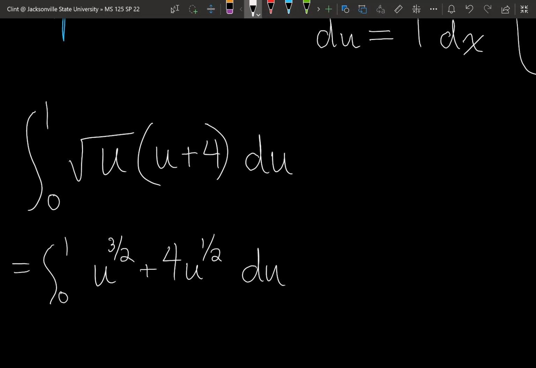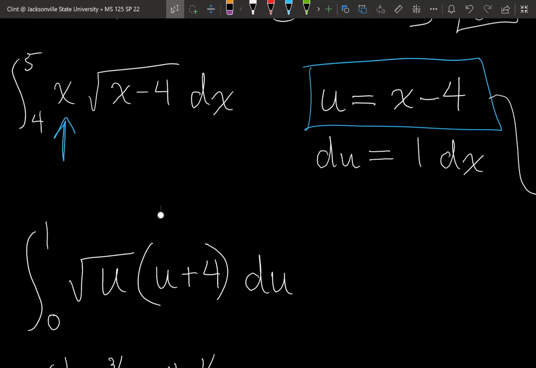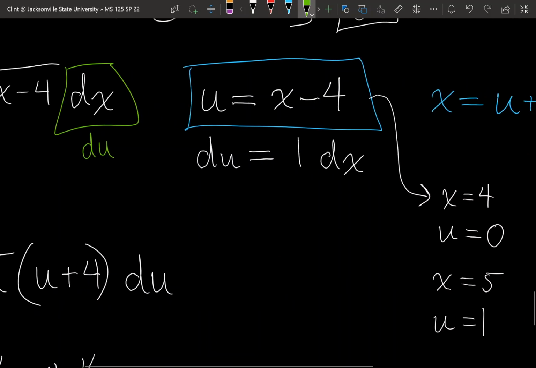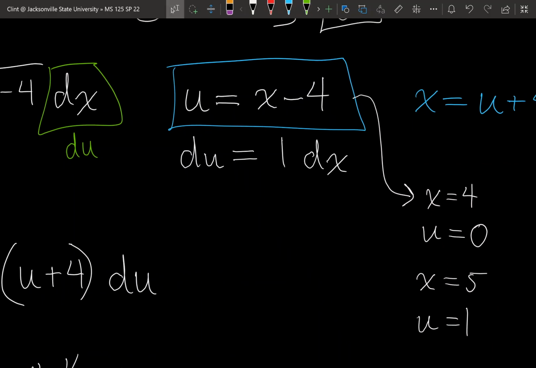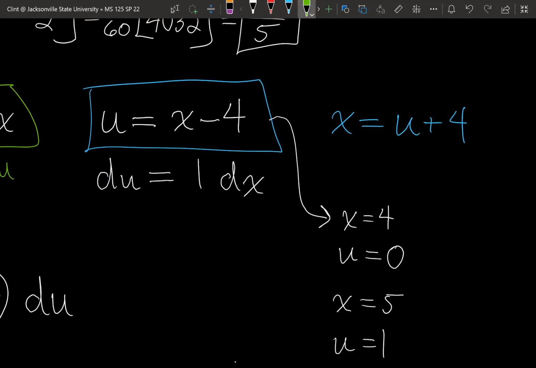Yeah, you kind of got 2 substitutions going on, because when we found du, that didn't cover everything. This part was du, but then we still needed something to take care of the x over there. So typically what you can do is, hopefully, you can solve the u equation in terms of x, and then you can make that substitution.